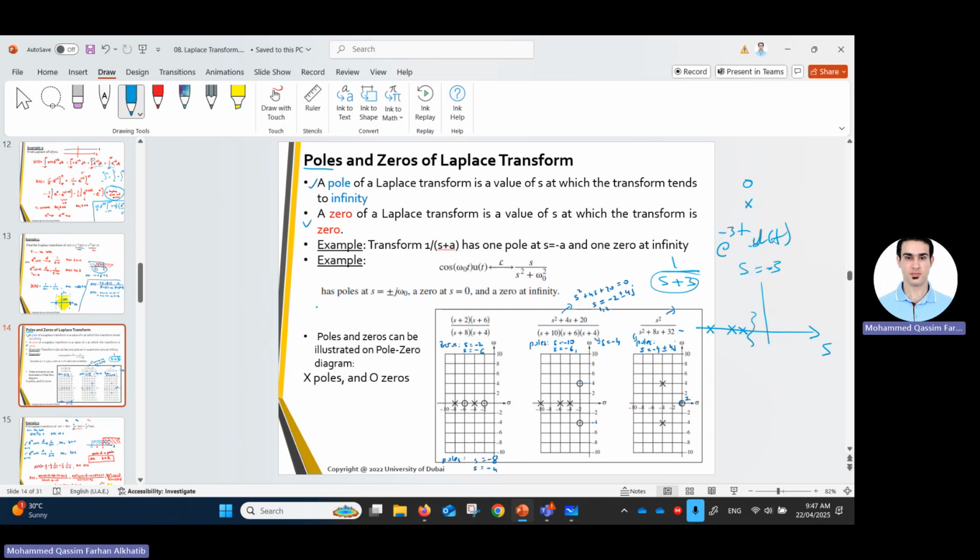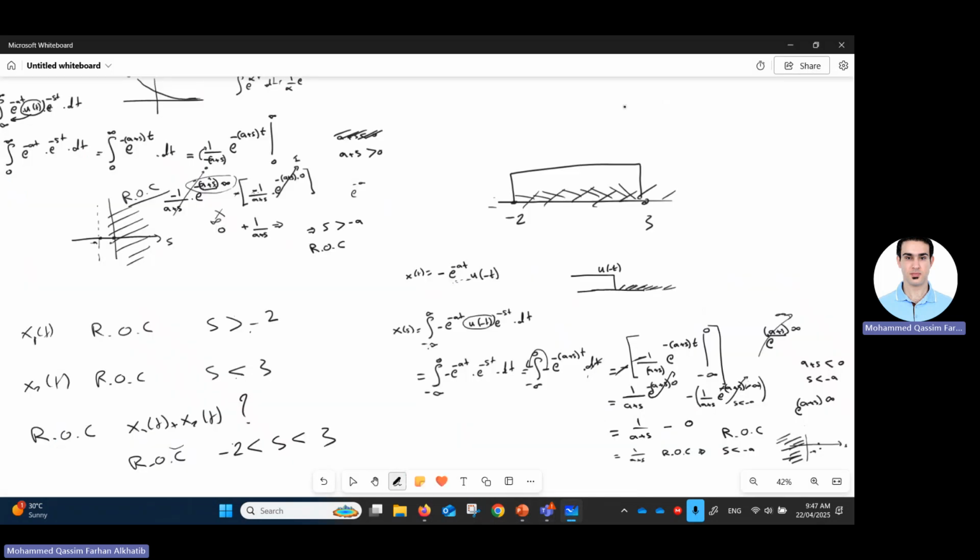For example, I'm going to give you something like this: X of s equal 1 over s squared plus 3s plus 2. And I ask you, is this system stable or not? So just factorize it: 1 over (s plus 2)(s plus 1).